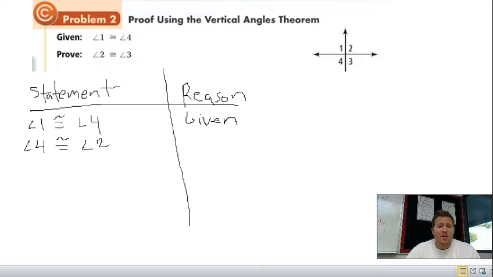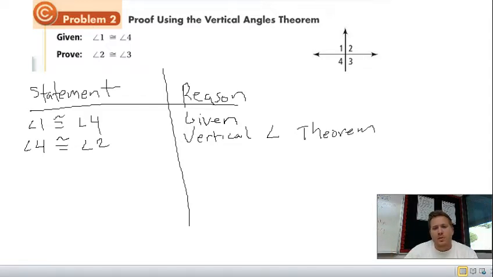How do we know that? They are vertical angles, and we write that as the vertical angle theorem. Vertical angles are congruent. We use our theorem in order to prove that.